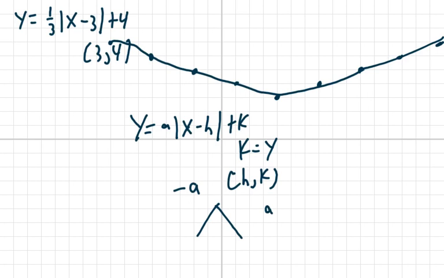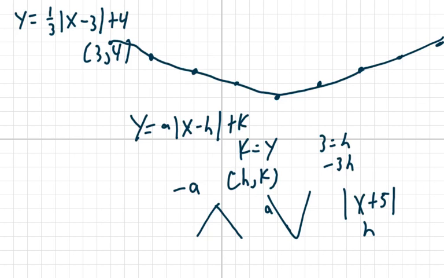If it's positive, it goes up, like a V. Remember, if it's 3 for h, it's actually -3, like x plus 5. H is -5. X minus 3. H is 3.